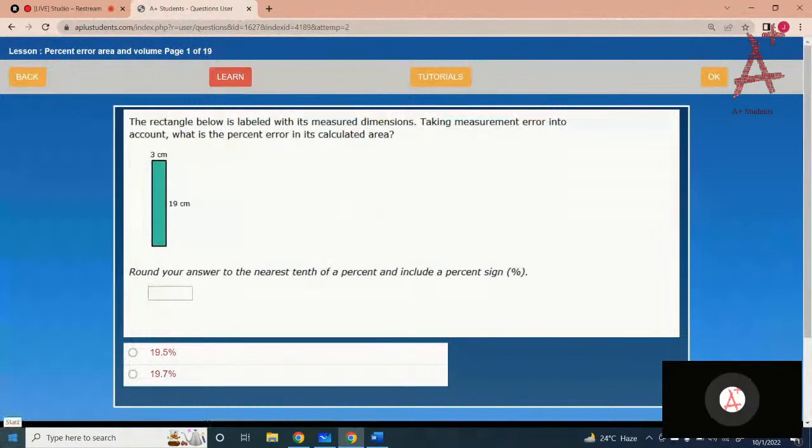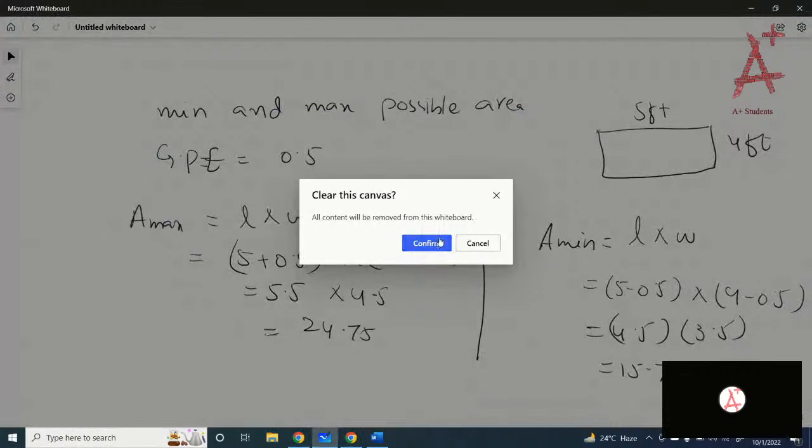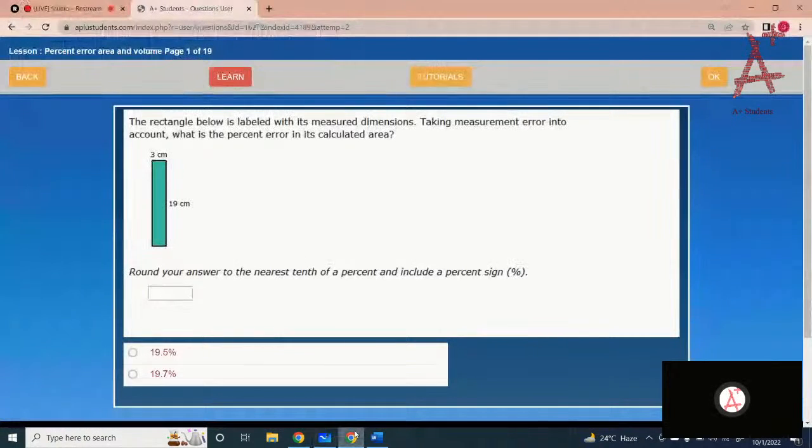Okay, so let's do it again. I forgot the answer for this one. I think it's 19.5%, but let's just do it again. The question says: the rectangle given below is labeled with its measured dimensions, taking measurement errors into account.